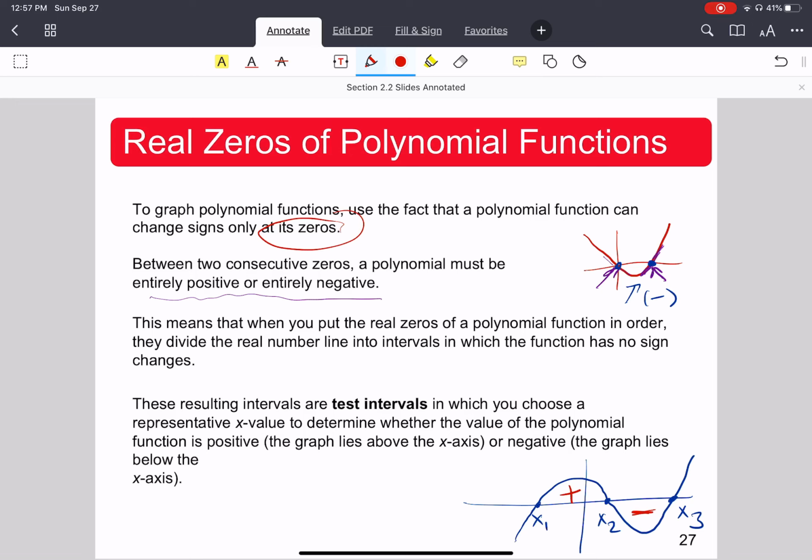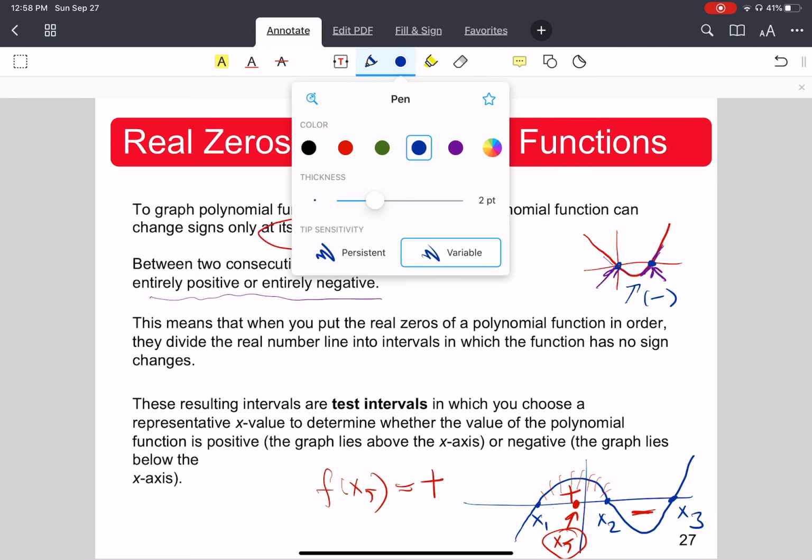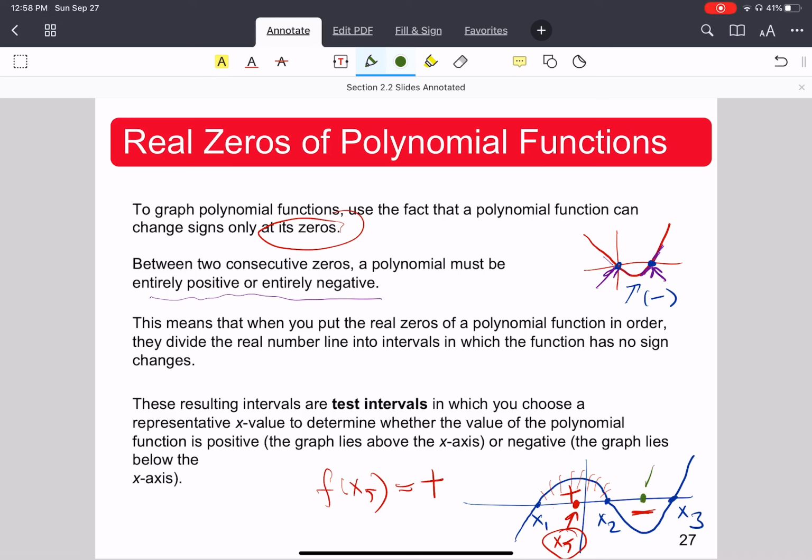If you pick a point, like say right here, let's call it x5, and put that point into the function, and the function is positive, then the function is positive in that whole interval. But if I pick x6 between x2 and x3 and put it into the function and get something negative, that means the function is always negative in this interval.